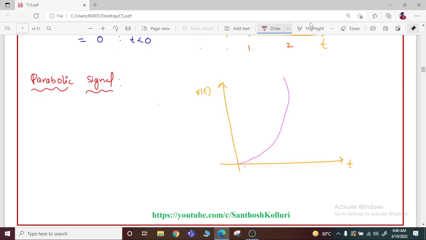So here this is 1, for example this is 0.5a, and this is 2, and this is 2a, and this is 3, this is, let me take 4.5a.